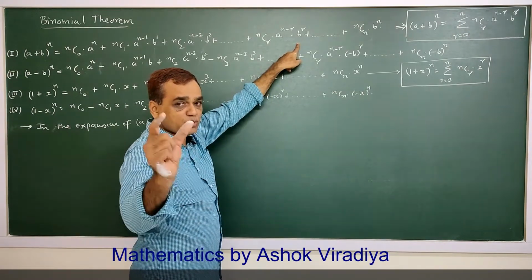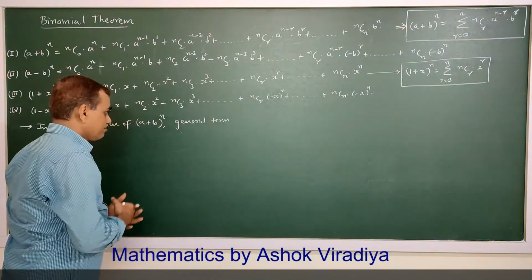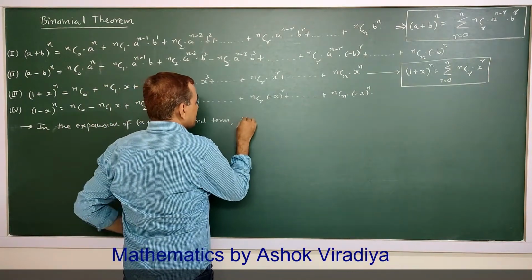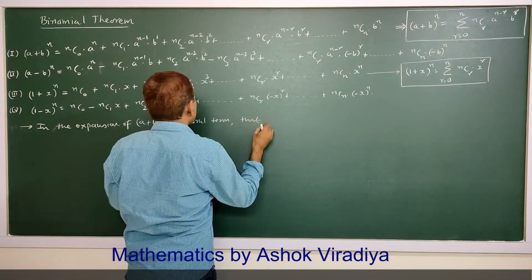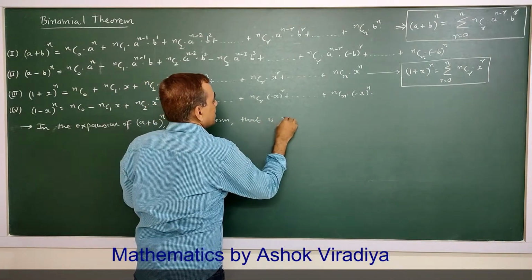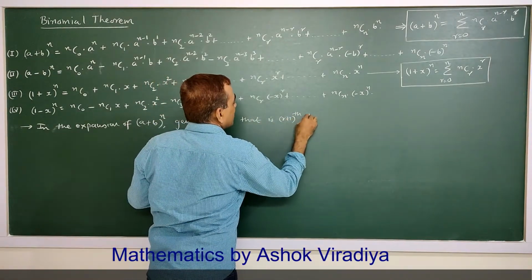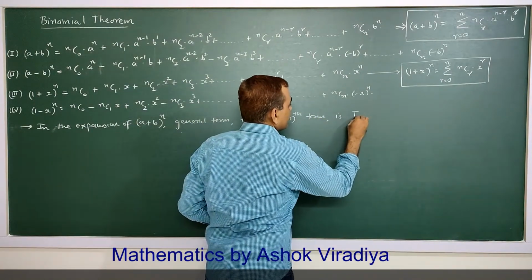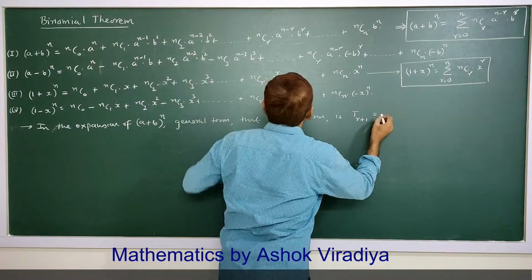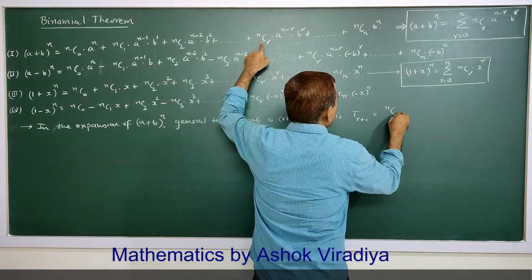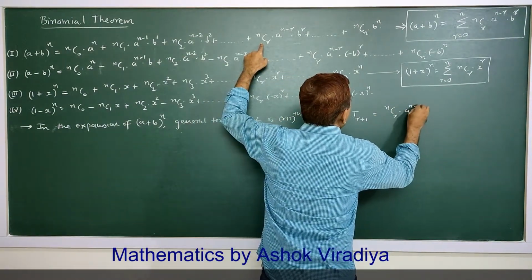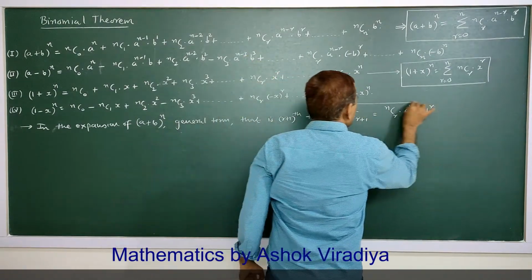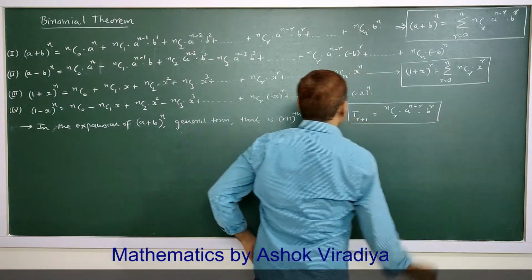So the (r plus 1)th term is the general term, denoted by t(r plus 1). It is nCr a raised to n minus r b raised to r. This is the formula for the (r plus 1)th term.